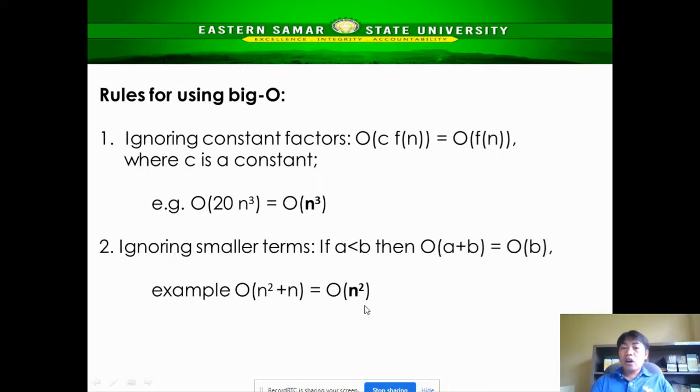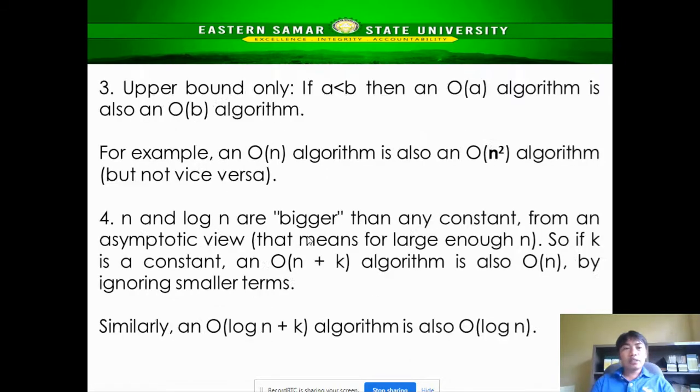Understood? Again, ignoring constants and ignoring smaller terms. Number three, upper bound only. For example, this one: O of n log n is also O of n squared.